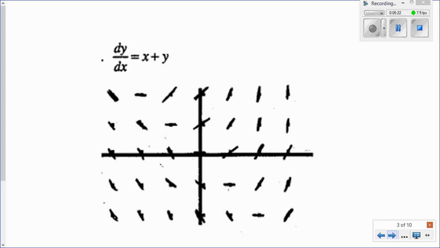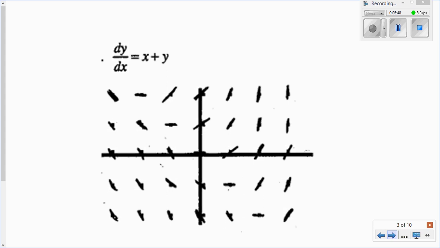And I will tell you, the more points that you use, the easier it is to see the graph of the original function in the slope field. Here we drew the tangent lines at a pretty good number of points, but you almost need a lot more points.